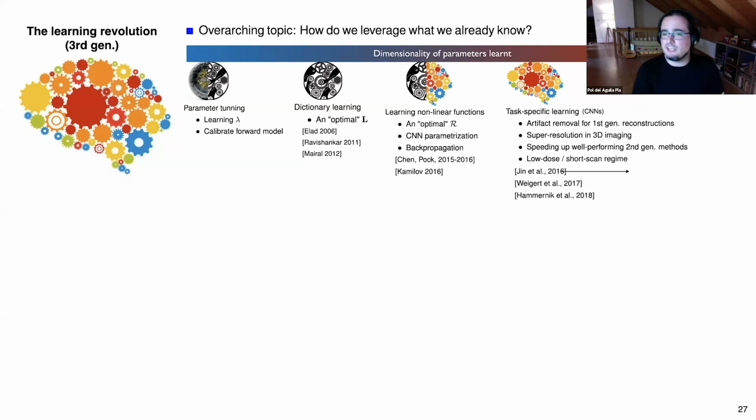Indeed, that was the approach taken in Jin et al. 2016, which we're proud to say in the group got the 2019 Best Paper Award by the IEEE Signal Processing Society. Then there's also the concept of doing super resolution in 3D imaging, where you're imaging isotropic objects. In 3D imaging, it's common that in one of the directions your resolution is much worse than in the others.